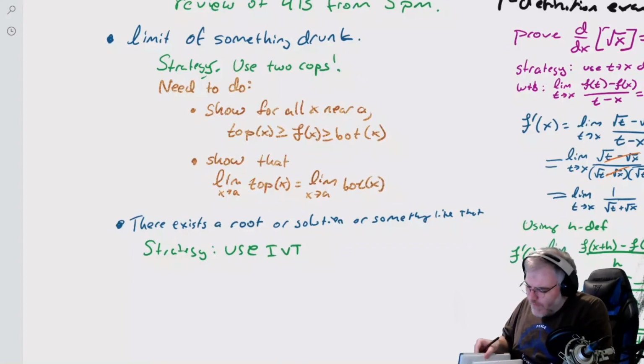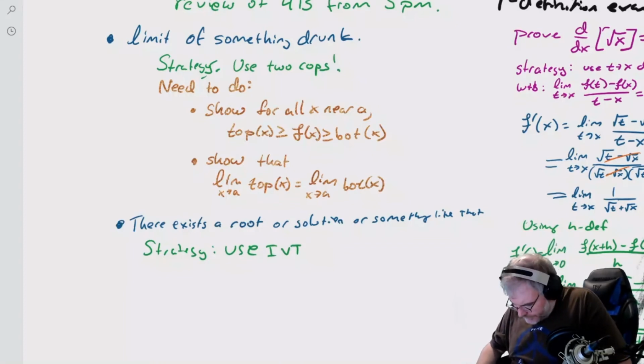So what do I need to show? If I want to use the intermediate value theorem, how do I have to set it up?